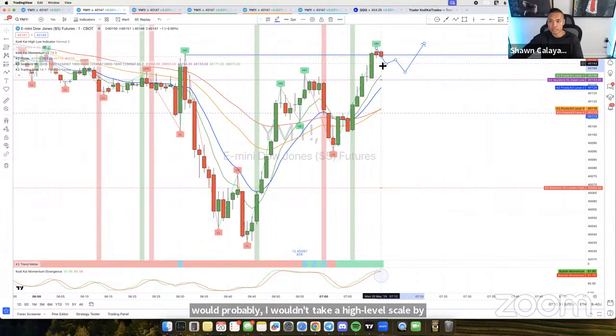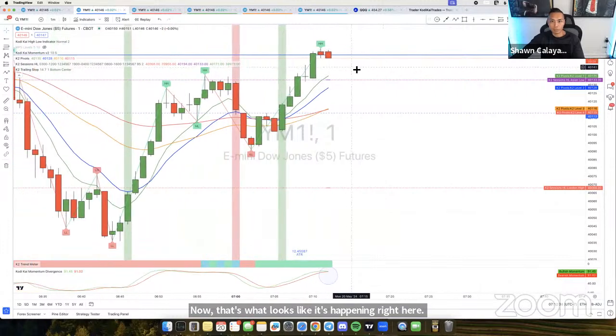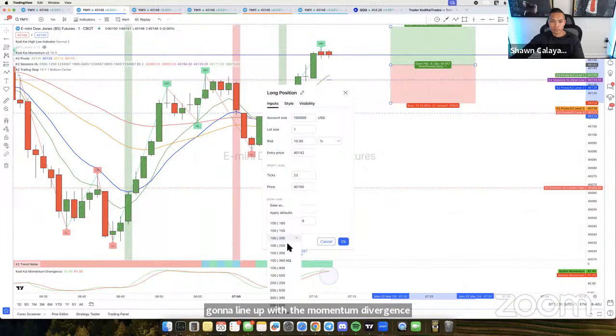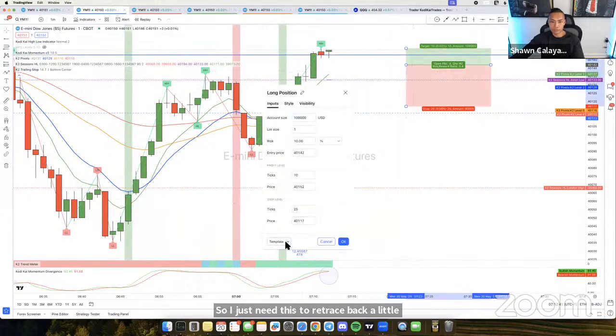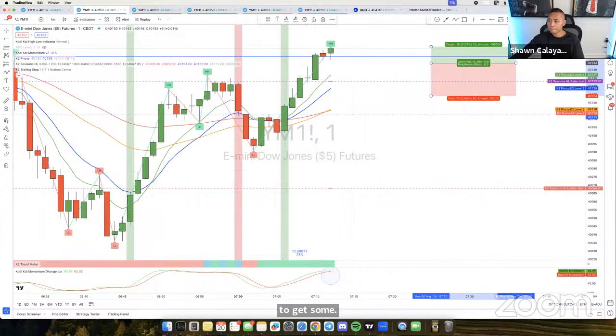Now that's what looks like it's happening right here. I'll look for it to swing back up because this is going to line up with the momentum divergence. I just need this to retrace back a little bit, not a lot, enough for me to get the confirmation over here of the momentum divergence. And then we'll go from there.